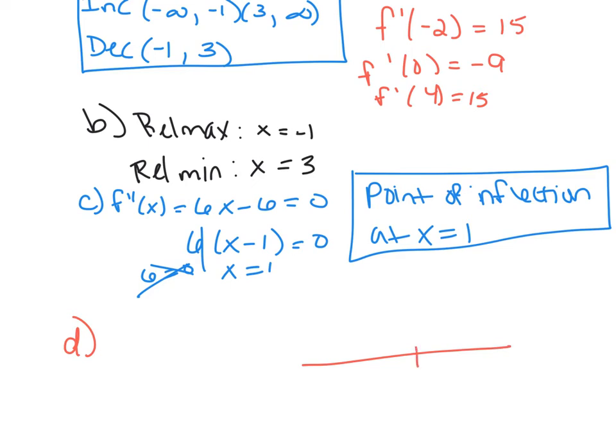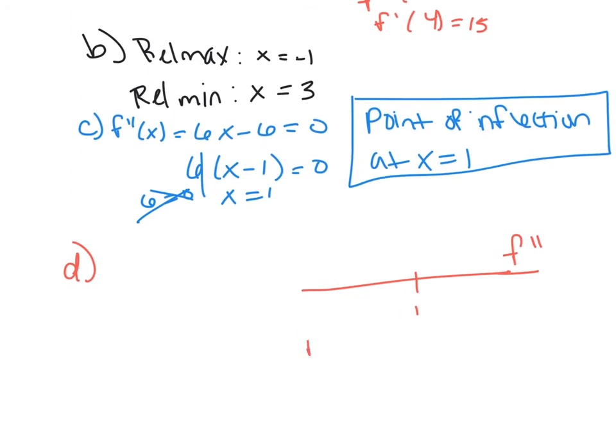So what you're going to do is plot your point of inflection on your second derivative's number line, and plug test points into the second derivative. I'm going to pick a test point on the left, 0. Plugging 0 into my second derivative, I get 6 times 0 is 0, and then -6, so that's negative.